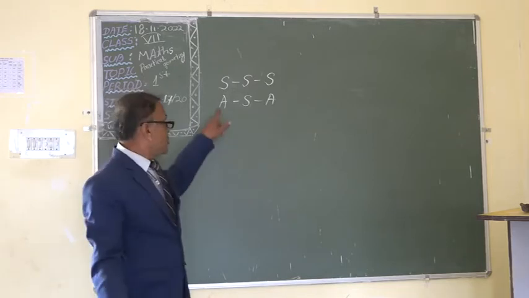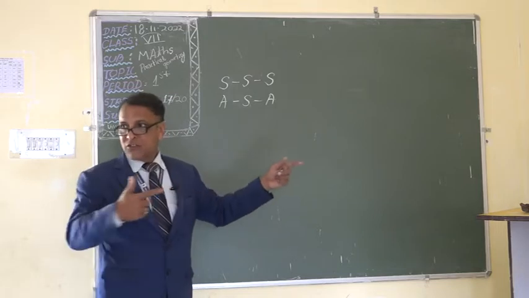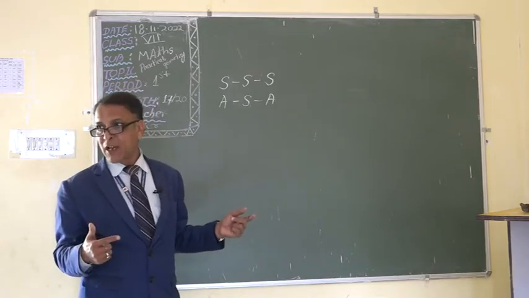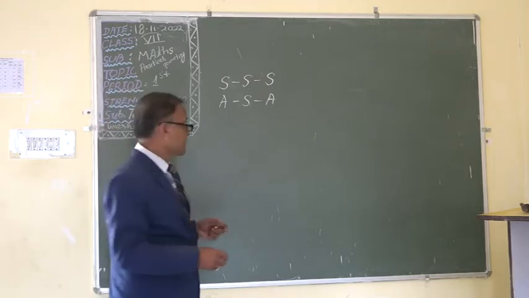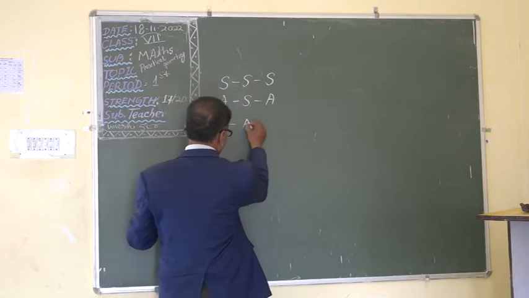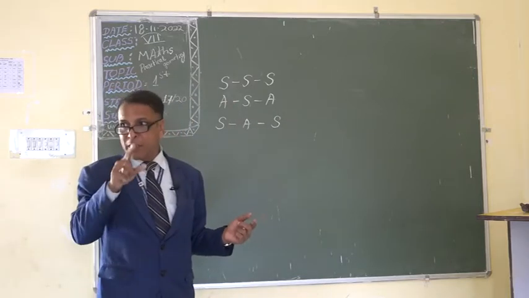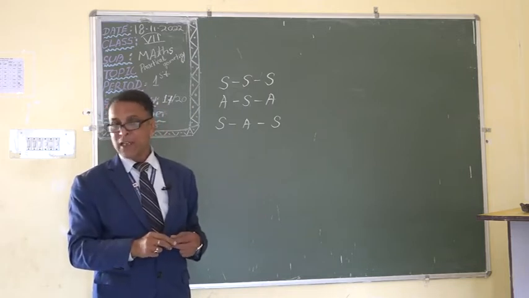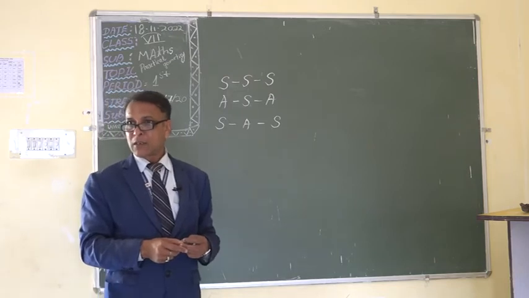That means two angles will be given and the joining side of these two angles will also be given. Already I have said to you. Also, we have discussed that two sides will be given and one in-between angle will be given. Then how can we construct the triangle?